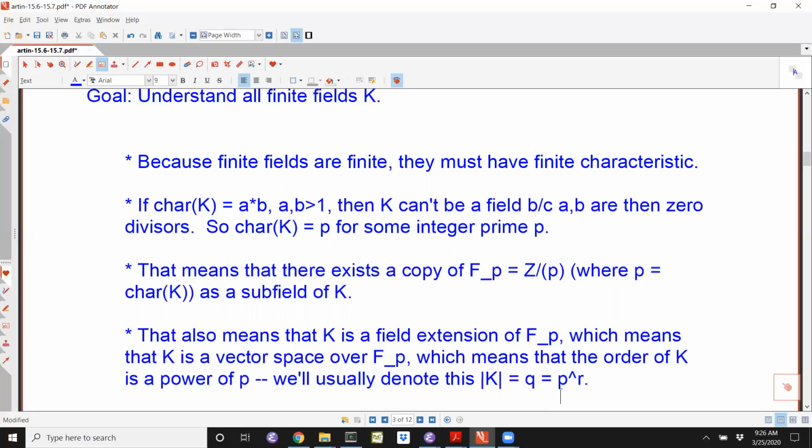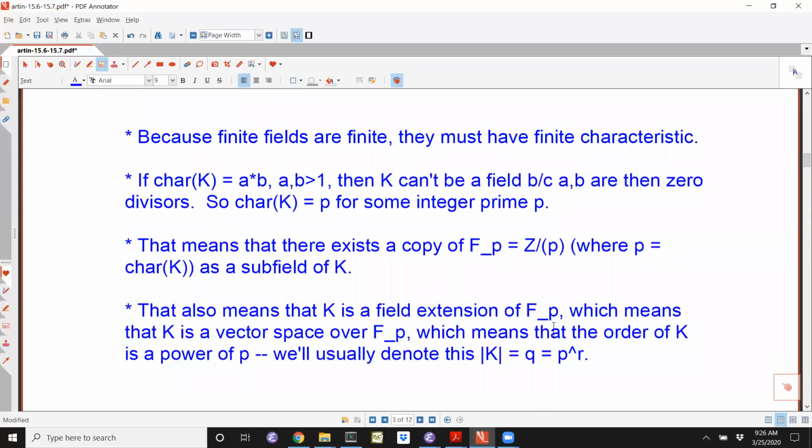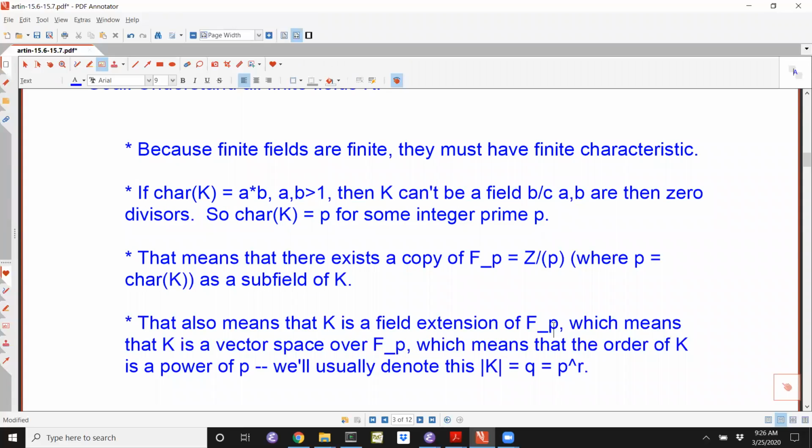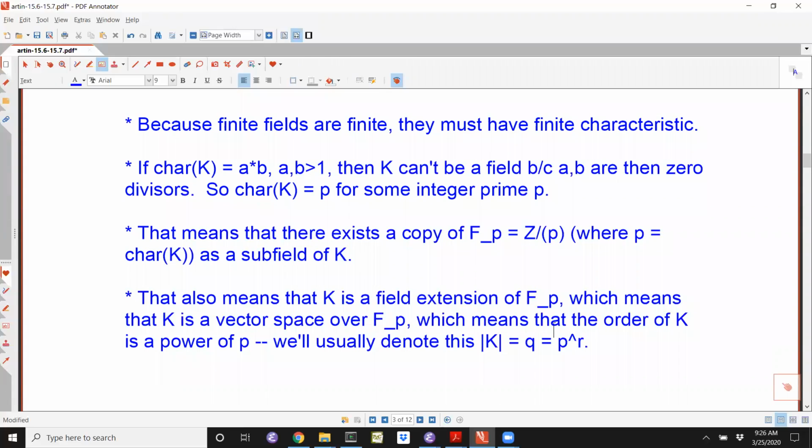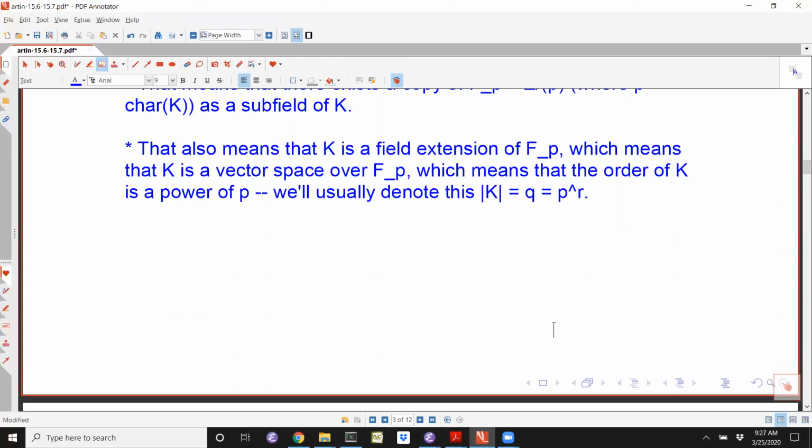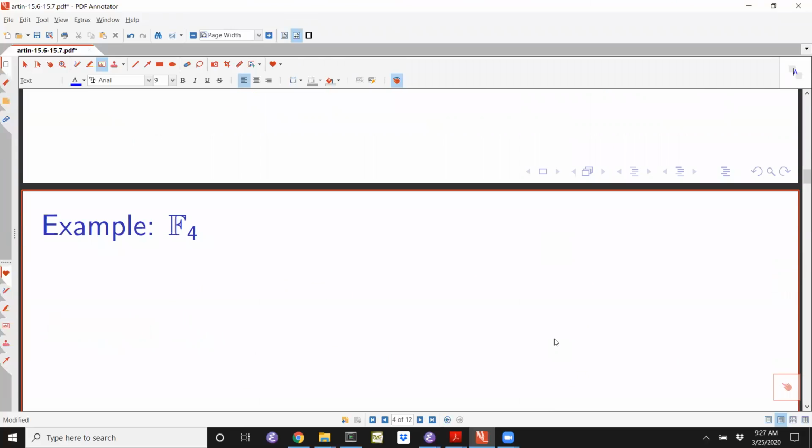Anyway, if everybody else wants a little time to cogitate on this, you can do that as we move on to the next thing. Let's move on to an example.